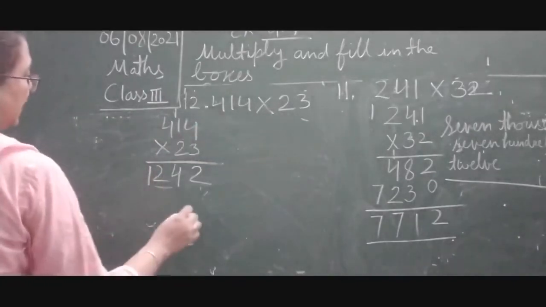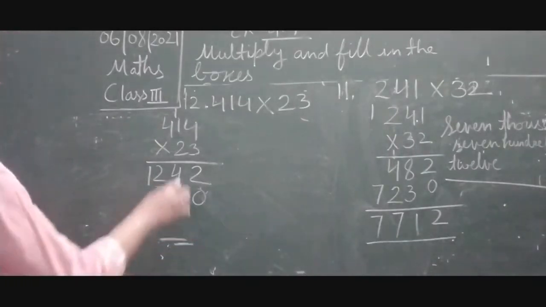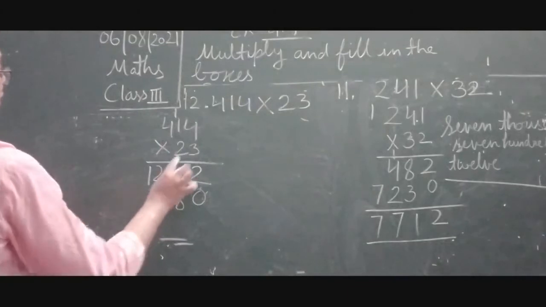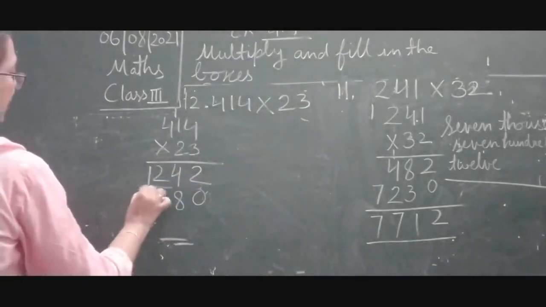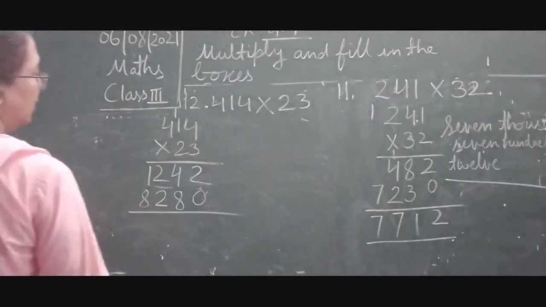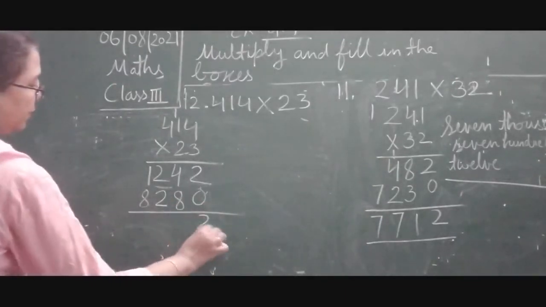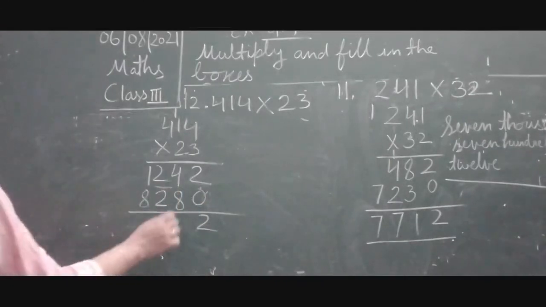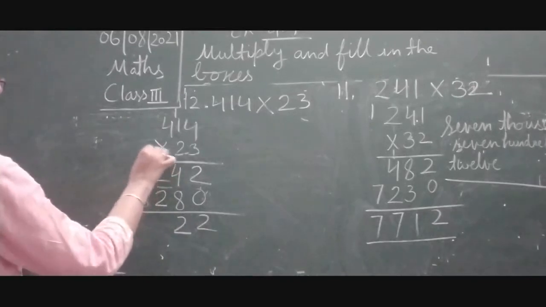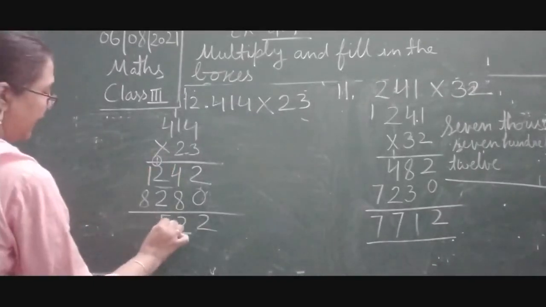2 fours are 8, children, 0 will be placed. 2 ones are 2. 2 fours are 8, children. Okay. So here 2, here 8 and 4, 9, 10, 11, 12, 1 will be carry over here. 2 plus 2 is 4 plus 1 is 5.